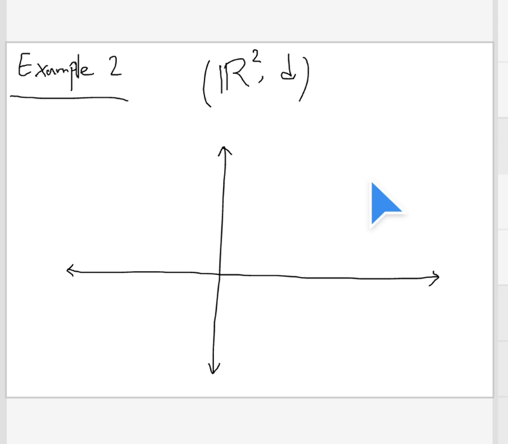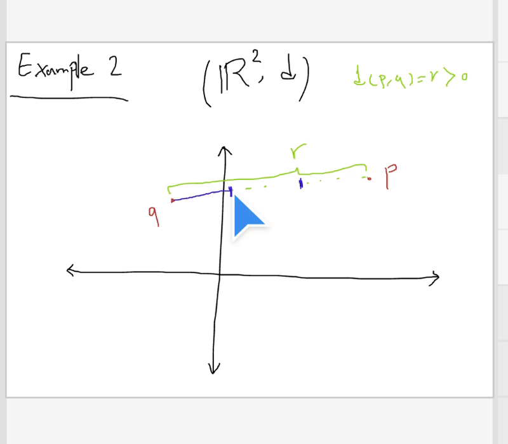I have, for example, this P and this Q. We know that the distance d(P, Q) is r, greater than 0. Again, I divide it into three parts: 1, 2, 3.